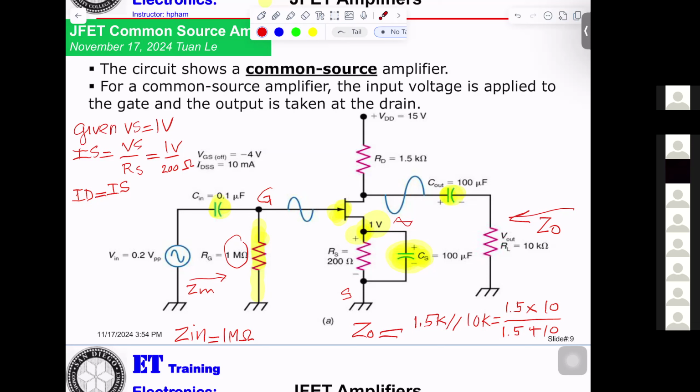Okay, the reason we need the bypass capacitor is we want the gain a little higher, like what comes out of a bipolar transistor.